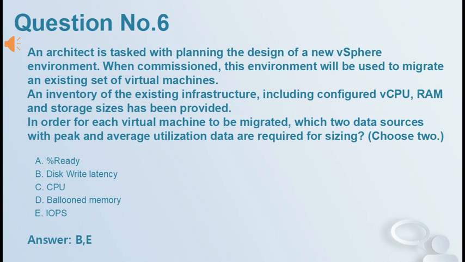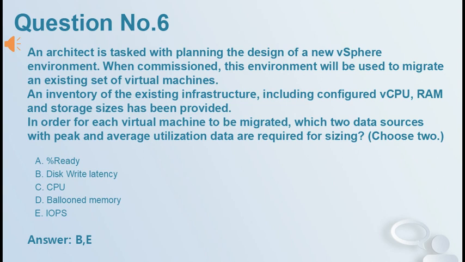An architect is tasked with planning the design of a new vSphere environment. When commissioned, this environment will be used to migrate an existing set of virtual machines. An inventory of the existing infrastructure, including configured vCPU, RAM and storage sizes, has been provided.